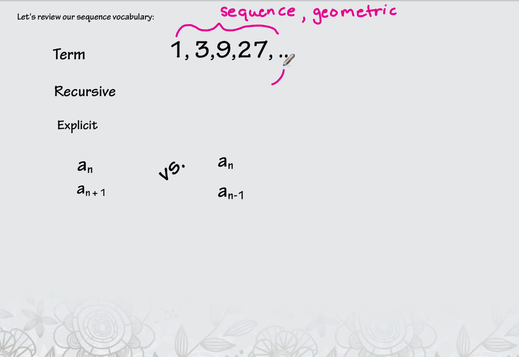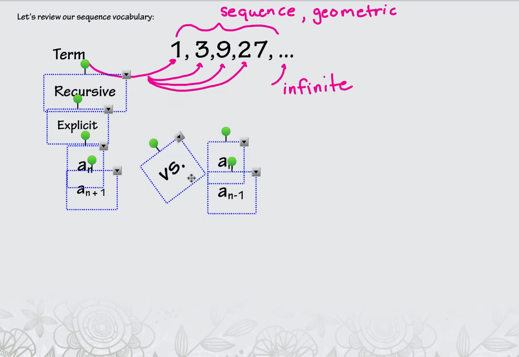It happens to be infinite because it's going on forever and ever, and we are seeing 4 terms. That's the first term, that's the second term, that's the third term, and that's the fourth term. And then we don't know the rest of the terms, but we could figure them out if need be.